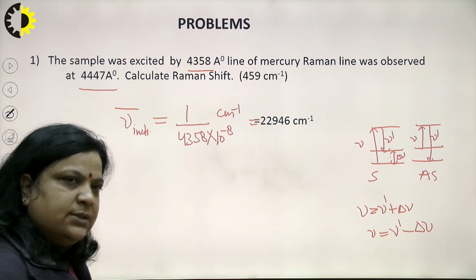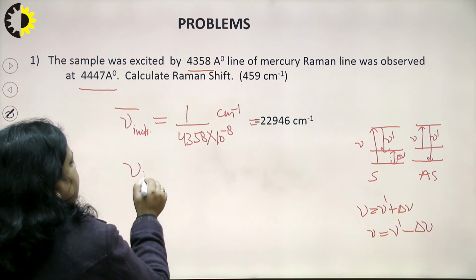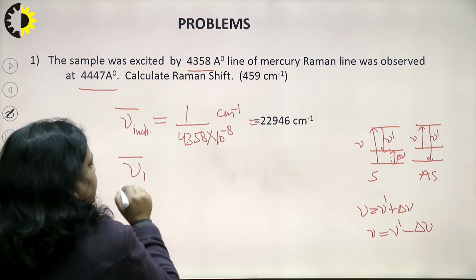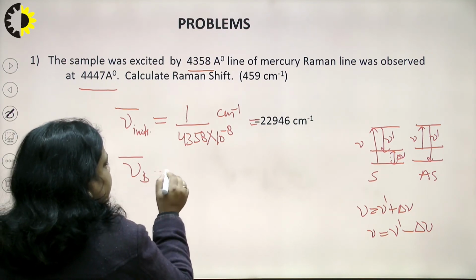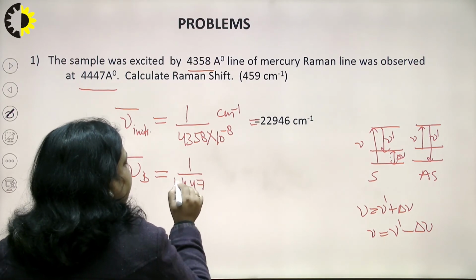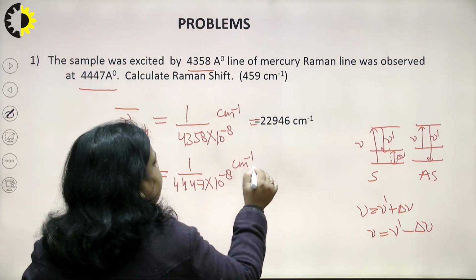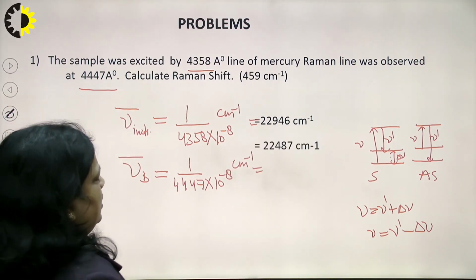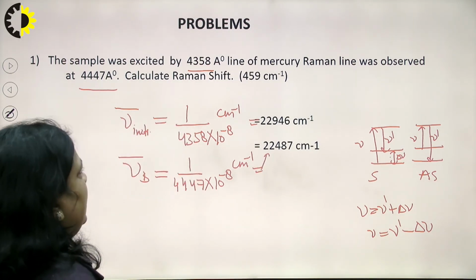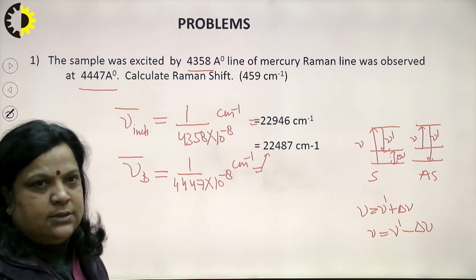which is equal to 22946 centimeter inverse. Now, the Raman line observed, that is the frequency of scattered light, or wave number of scattered light, we can write as nu S, which will be equal to 1 upon 4447 into 10 to the power minus 8 centimeter inverse, which is equal to 22487 centimeter inverse. And calculate the Raman shifting. We know that Raman shifting is equal to nu plus minus nu dash.